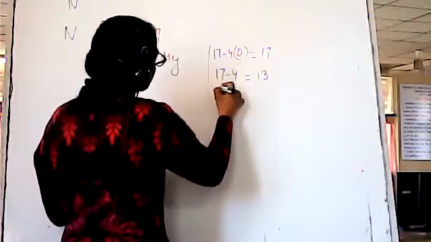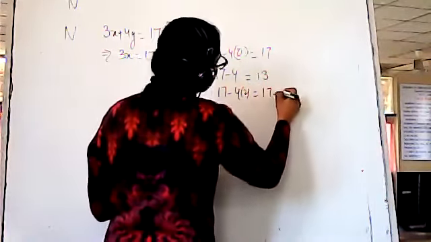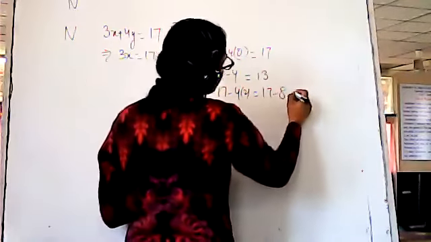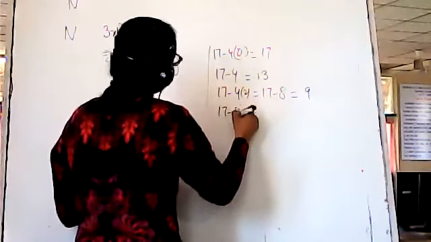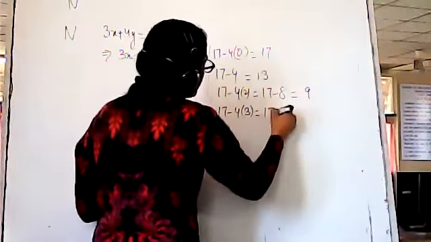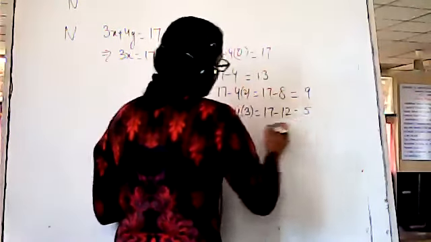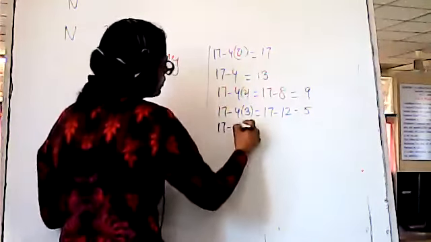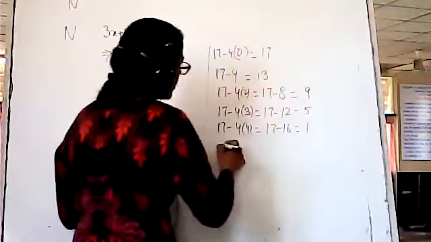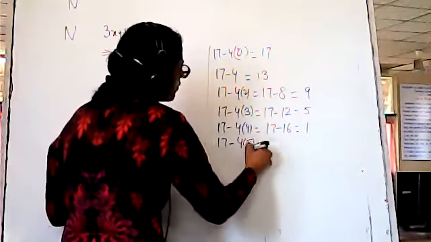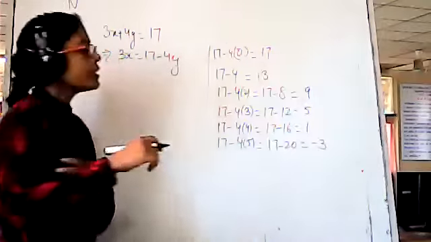If we put y equals 2, 4 twos are 8, it will be 9. If we put y equals 3, 4 threes are 12, it will be 5. If we put y equals 4, it will be 17 minus 16, which is 1. And if we put y equals 5, it will be 17 minus 20, which is minus 3.